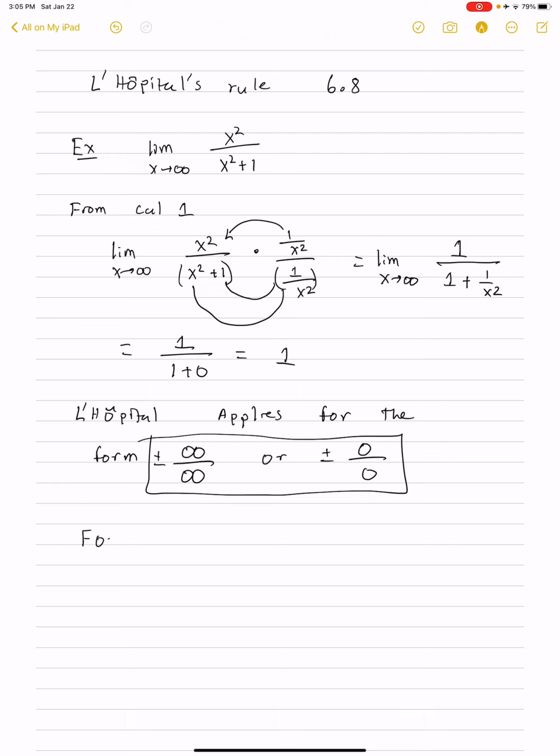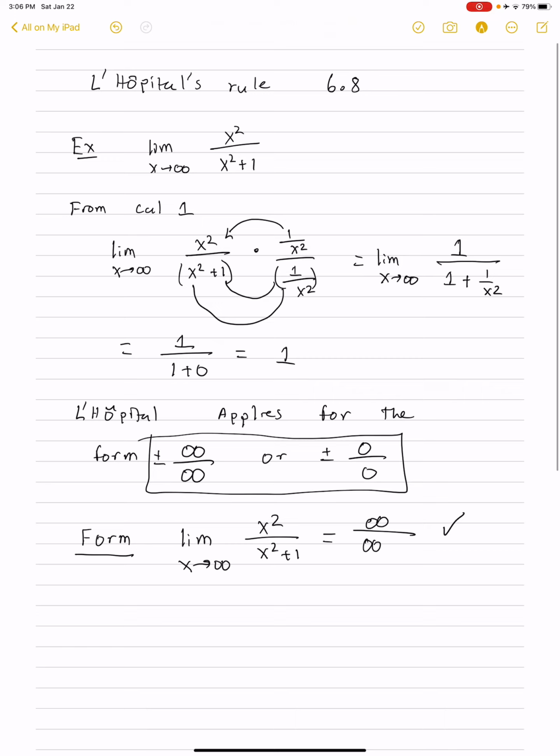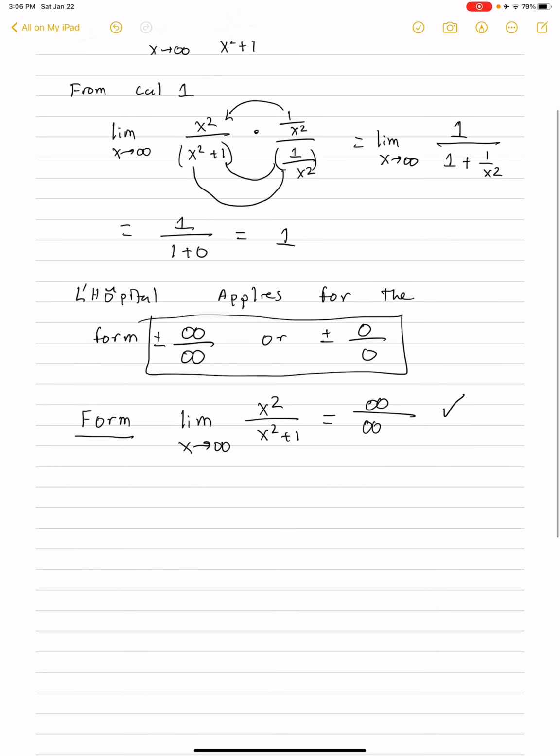So if we're asking what's the form of this problem, well, we have this limit as x tends towards infinity of x squared over x squared plus 1. And if we were to, in a way, plug in the limit to the numerator and denominator, we'd have infinity over infinity in the denominator. Okay, remember, infinity squared is still infinity. Infinity squared plus 1 is still infinity. So since we have this form, we can go ahead and proceed to do this L'Hopital's method.